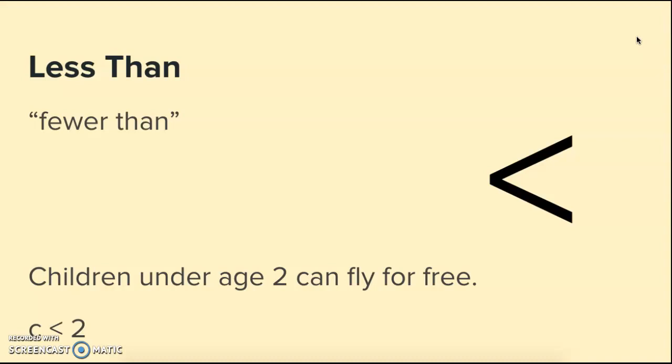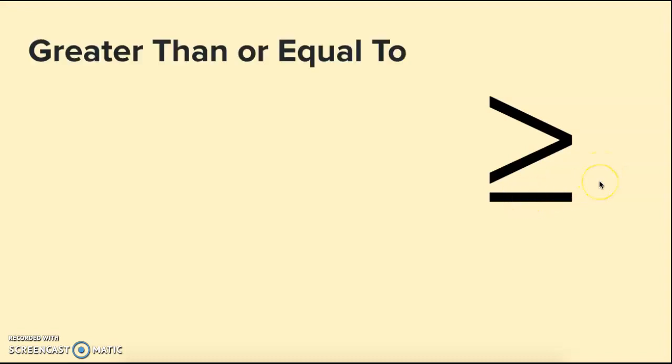Now these next two are probably unfamiliar to you, so we're going to talk through them more in depth. If we look at this symbol, you're probably noticing that it's the symbol for greater than, and then there's that line underneath. That line underneath is half an equal sign, because this symbol is greater than or equal to. That might sound weird. I'll give you an example in a minute.